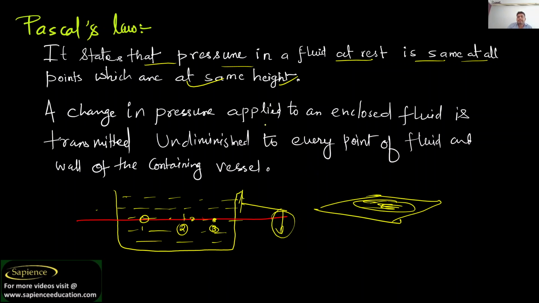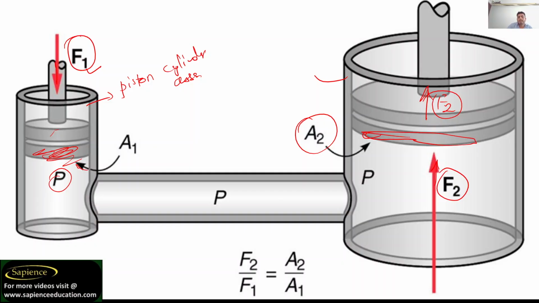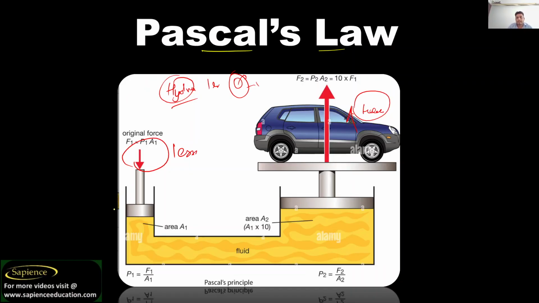Now, a change in pressure applied to an enclosed fluid is transmitted undiminished to every point of the fluid and the wall of the containing vessel. What do you mean by this? If you are applying an extra pressure of 100 Newton per meter square, it will be transmitted to the whole liquid. From this figure you can figure it out.